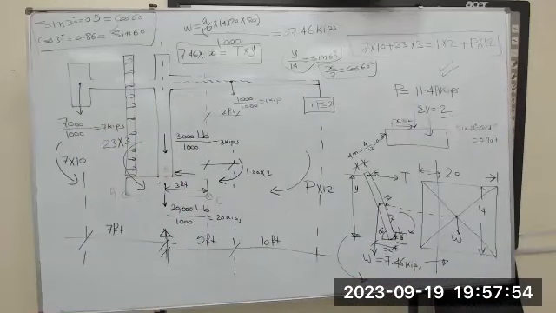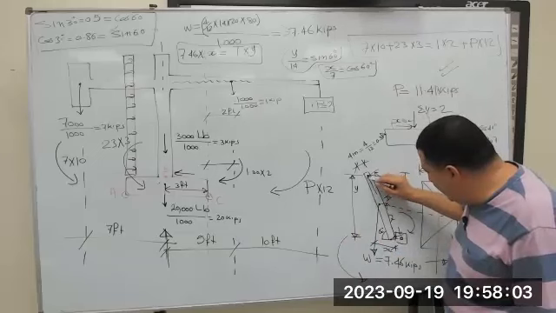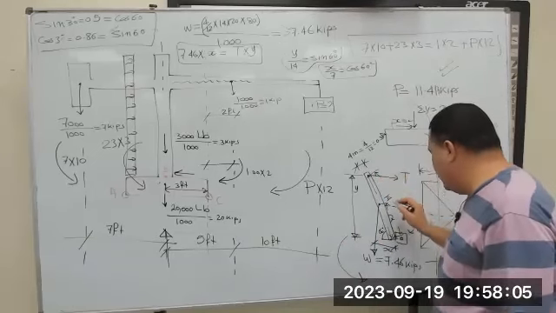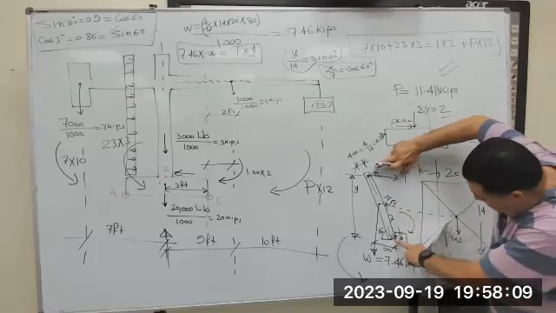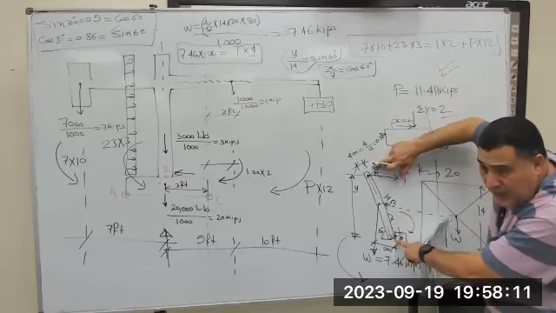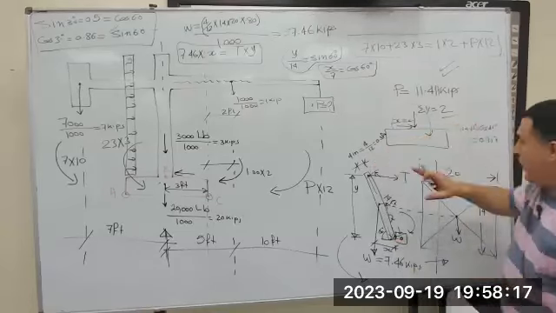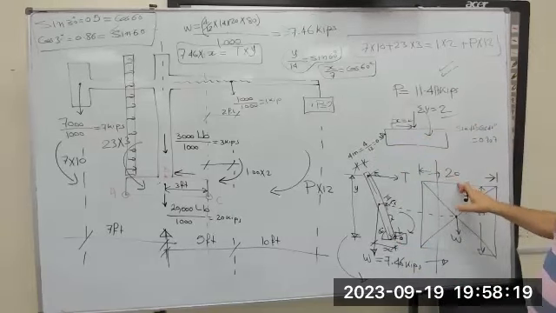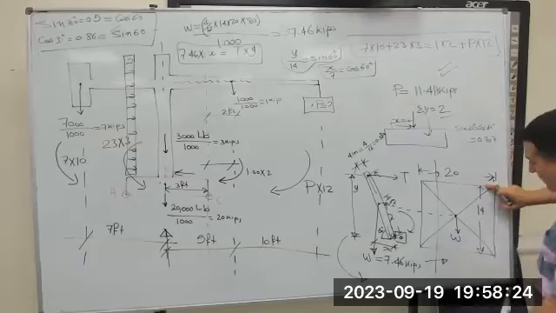This is 14, this is 14 foot, the height of the precast panel. The width, 20, is perpendicular. This is 20 and this is 14.